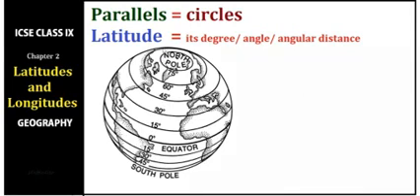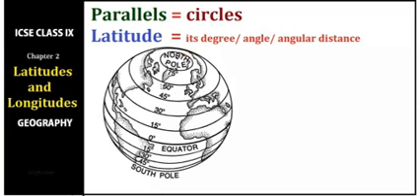Parallels are circles, either in the northern hemisphere or southern hemisphere. It is a circular line, and latitudes are degrees or angles or an angular distance, that is with the meridian.